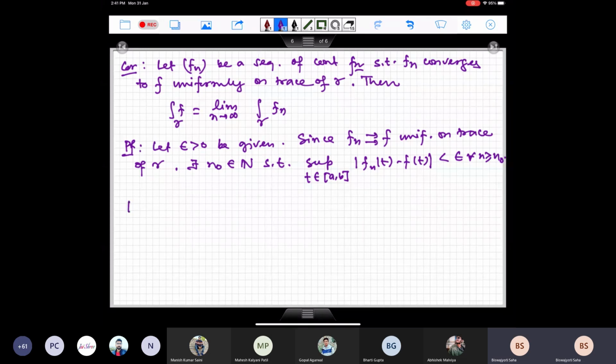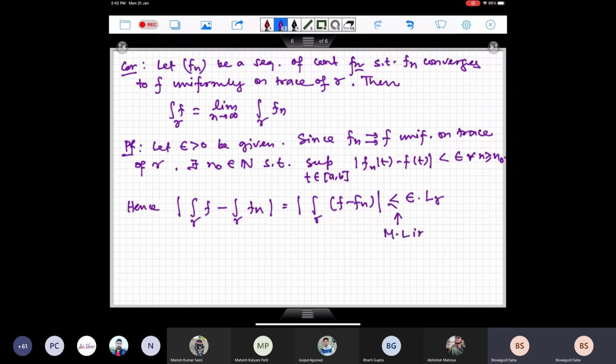Hence, if I consider the difference of the integrals in absolute value, the integral of f minus the integral of fn is nothing but, in absolute value, the integral over gamma of f minus fn. This whole thing is less than or equal to epsilon times the length of gamma. This is my ML inequality. Now of course my epsilon was arbitrary.